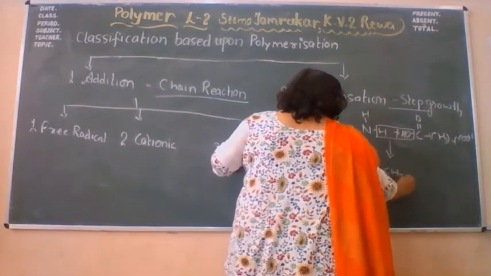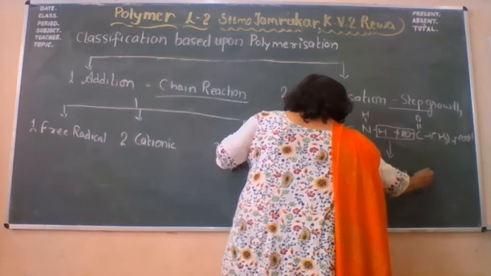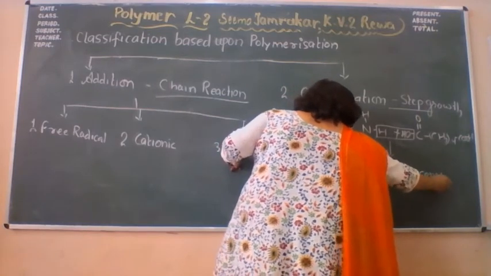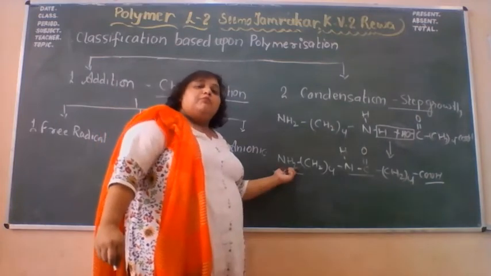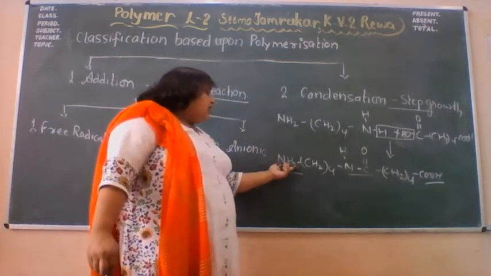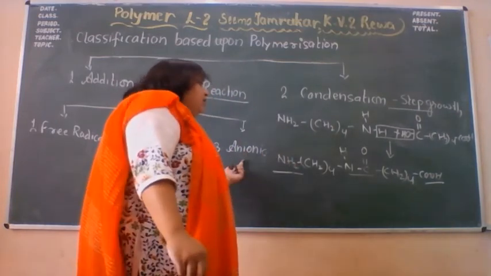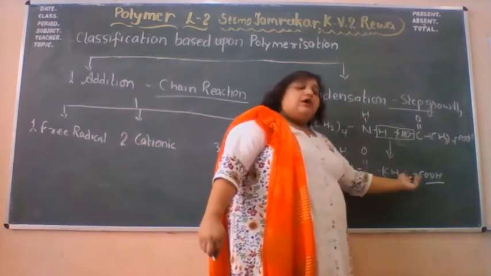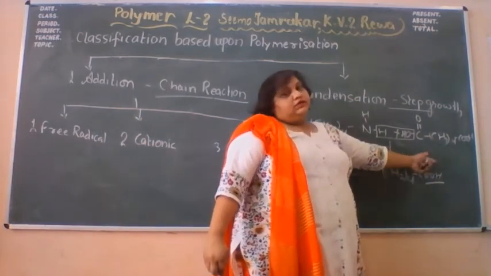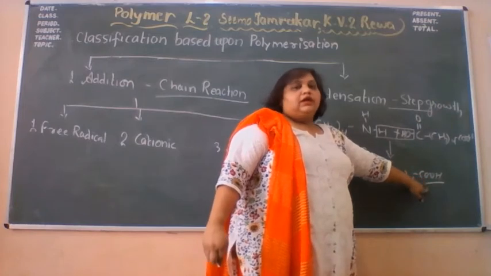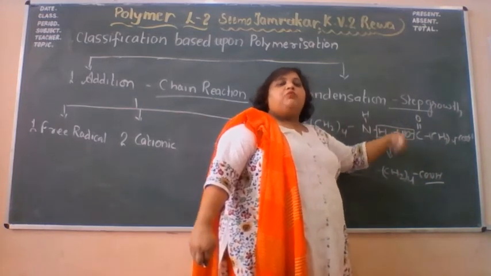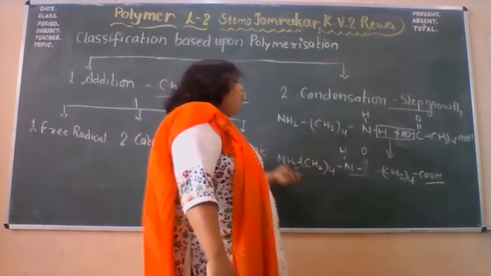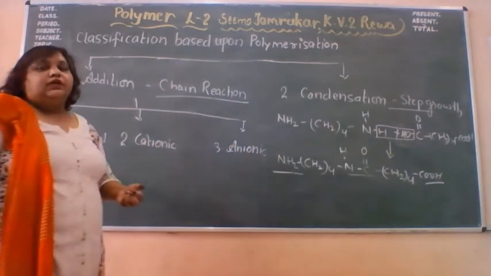CH2 whole 4 and this COOH here and this NH2 here. Okay, this can combine with other adipic acid and this can combine with another hexamethylene diamine molecule or monomer unit, and step by step the polymer will be formed, right.